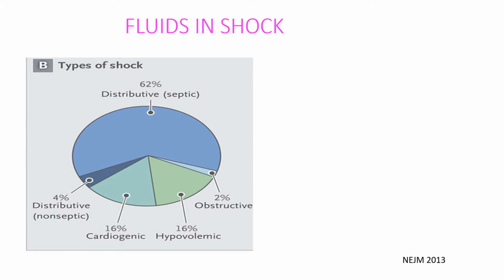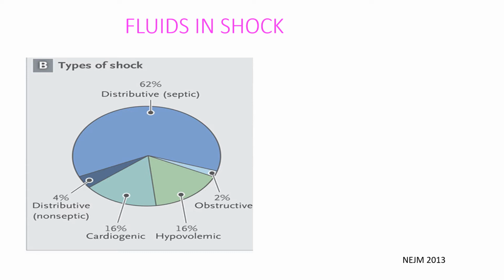So the patient is in shock, as is obvious, and this is the distribution of different types of shock that we have. Obstructive shock can be either cardiac tamponade or can be because of acute cor pulmonale, and then we have 4% non-septic distributive shock, which is actually anaphylactic shock or neurogenic shock or even shock due to hypoadrenalism.